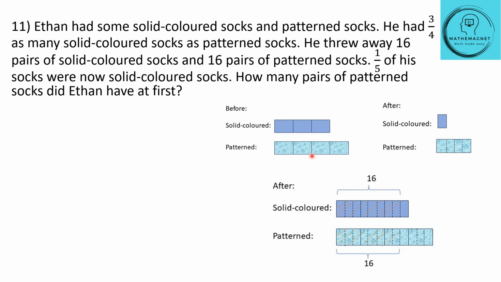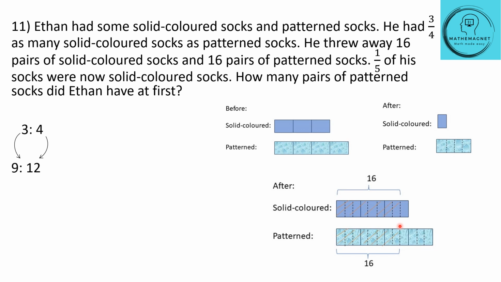Earlier it was 3:4, then it became 1:4. So which means 3 has to be equivalent to this. So for doing that we will multiply it by 3. So this becomes 9 units and this becomes 12 units. So here it will be the ratio that we know is 3:4.